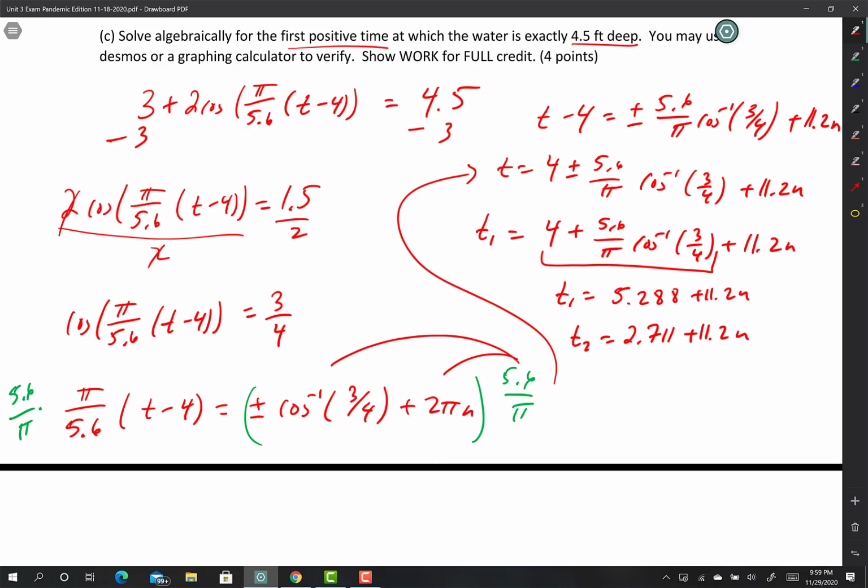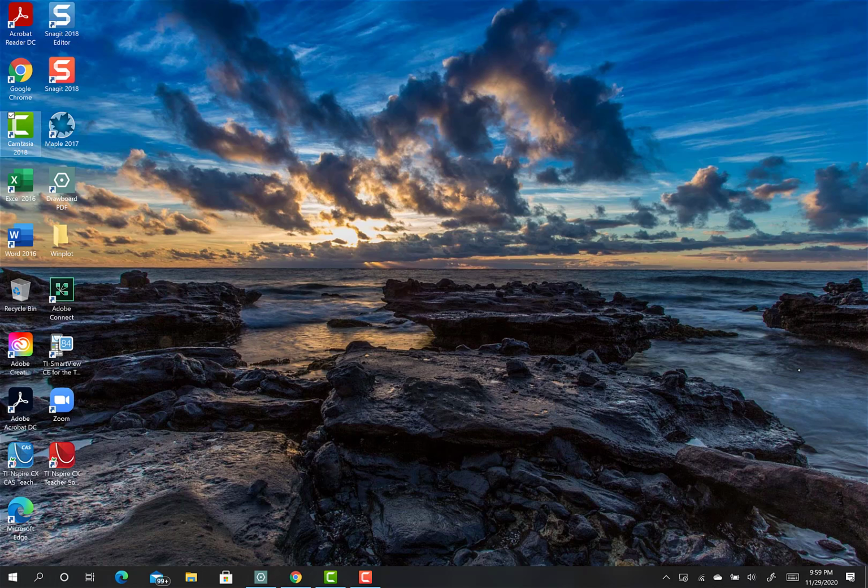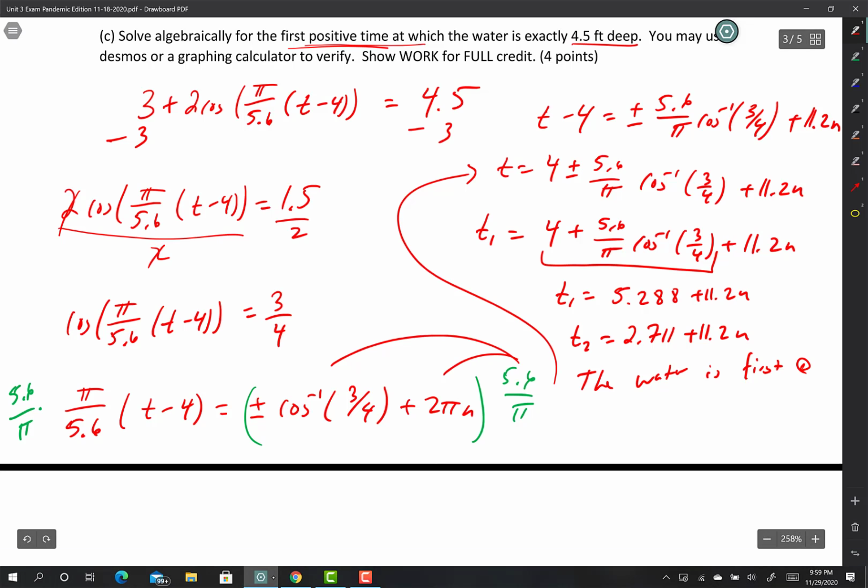So what you want, it says the first positive time. So I'm going to write the water is first 4.5 feet deep at 2.711 hours after midnight.